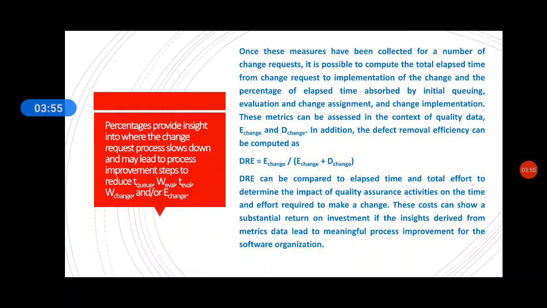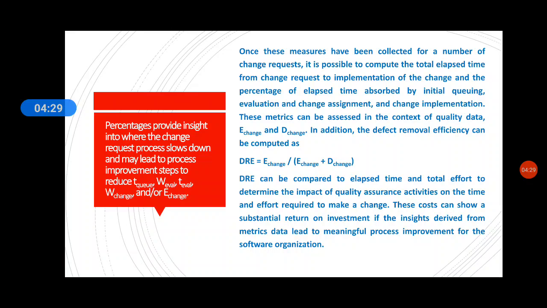In addition, the defect removal efficiency can be computed as DRE equals ECHANGE divided by ECHANGE plus DCHANGE. The percentages provide insight into where the change request process slows down, and may lead to process improvement steps to reduce TQ, WEVAL, TEVAL, WCHANGE, and/or ECHANGE.